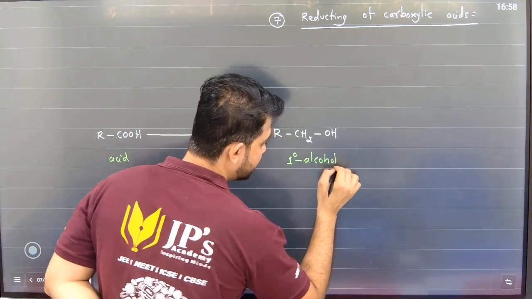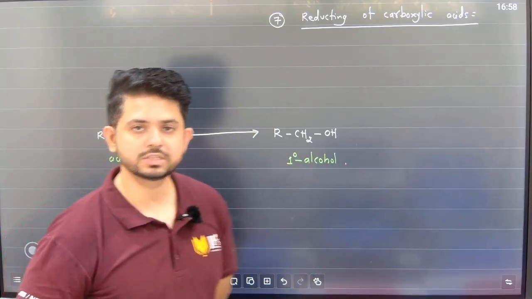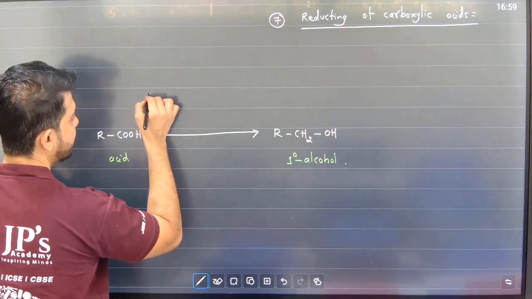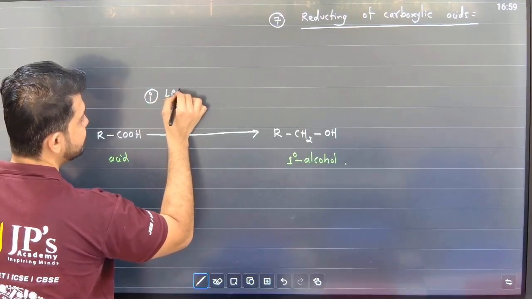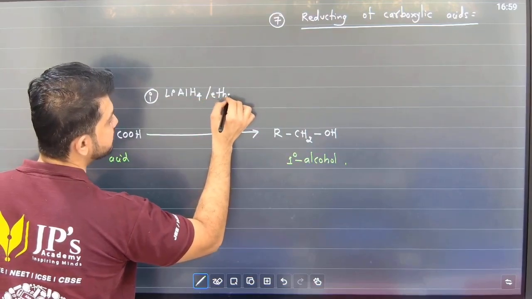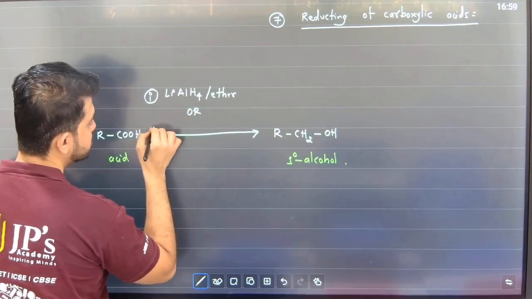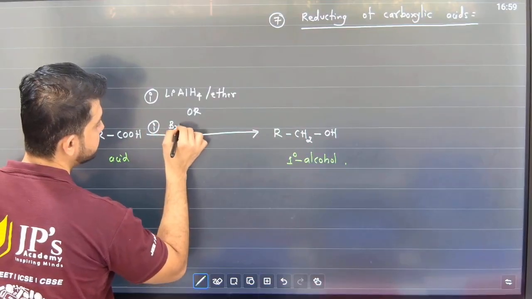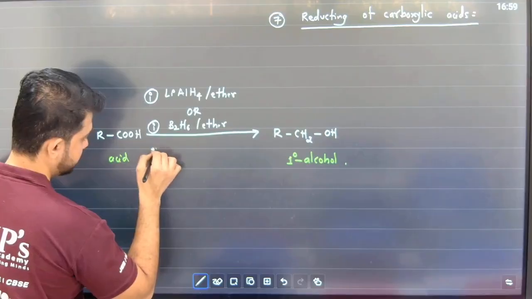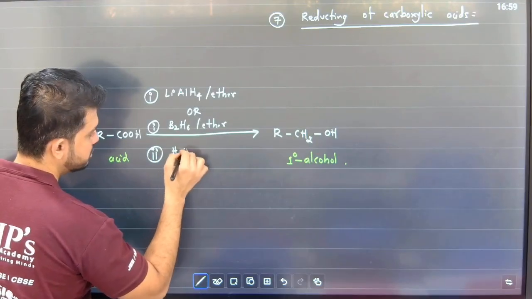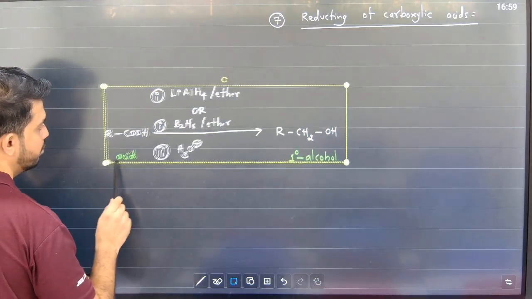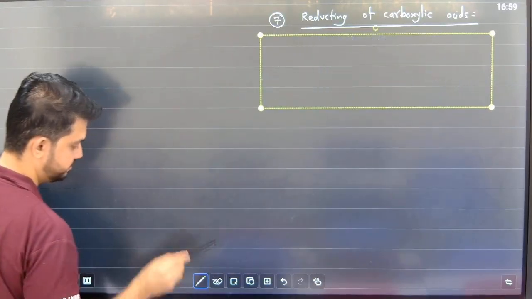We also know that alcohols on strong oxidation with a strong oxidizing agent will go to carboxylic acid. Now this reduction can be done using lithium aluminium hydride, or we can use diborane. But one point, students, we need to remember is that we cannot use sodium borohydride.